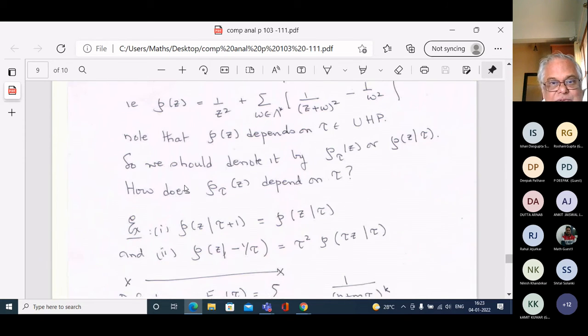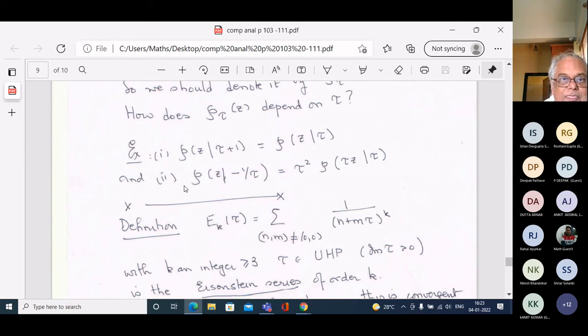And the exercise you should be able to do is that P of z, tau plus 1 is P of z, tau. P does not change under the first element in that group of automorphisms, the modular group. So P does not change under this translation subgroup of the modular group.